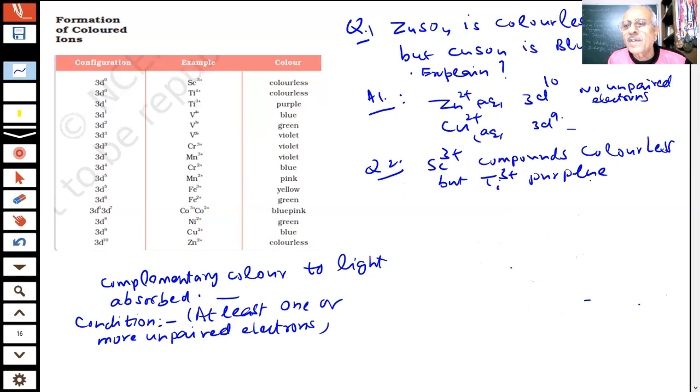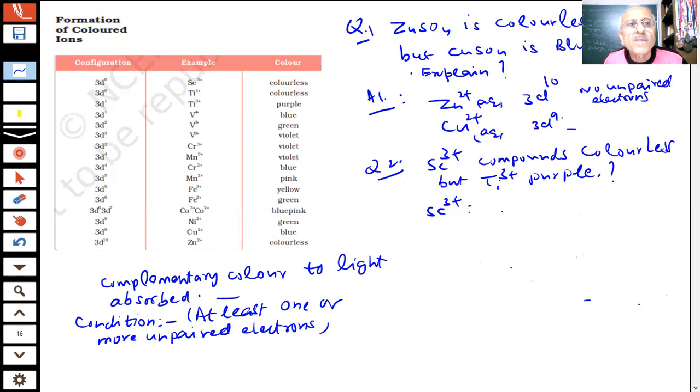You have 1 minute. Scandium 3+ has no unpaired electrons, 4s0 3d0, and titanium 3+ has one unpaired electron.